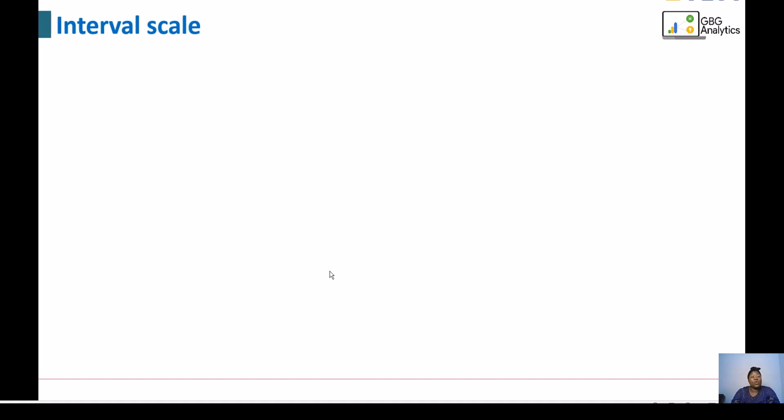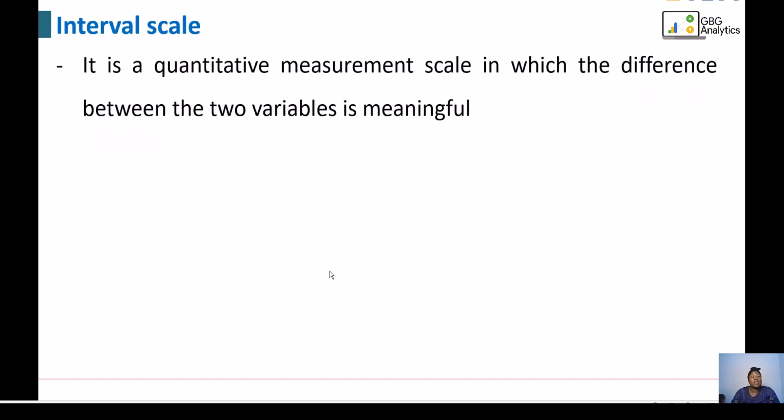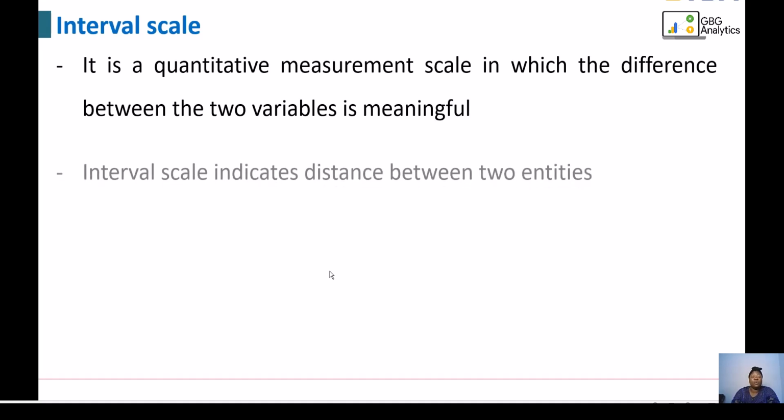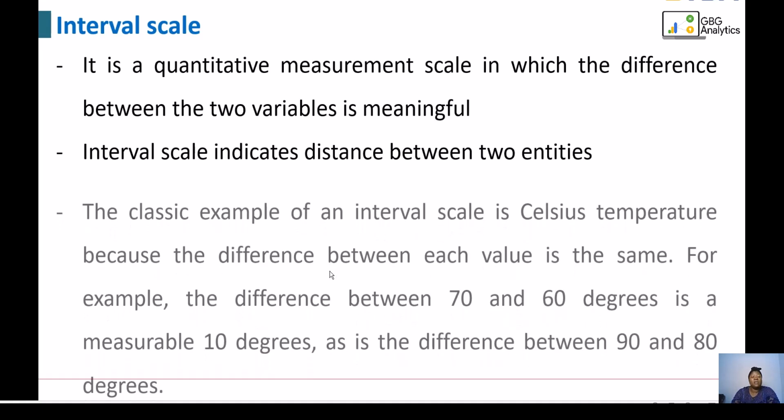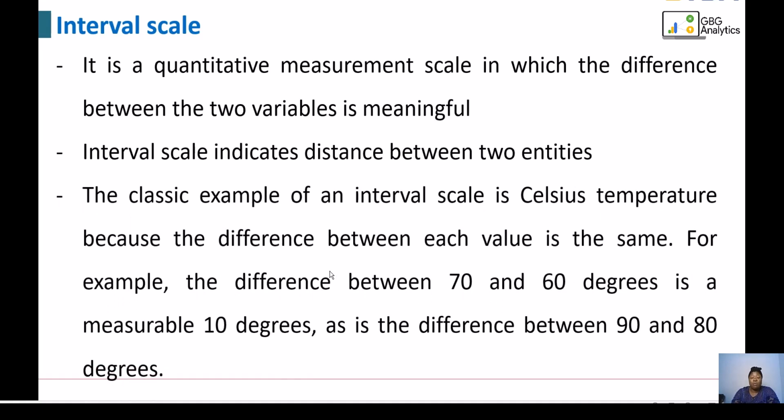Then we move on to the interval scale. The interval scale is a quantitative measurement scale in which the difference between two variables is meaningful. So the interval scale indicates the distance between two entities. The classical example of an interval scale is Celsius temperature, because the difference between each value is the same.